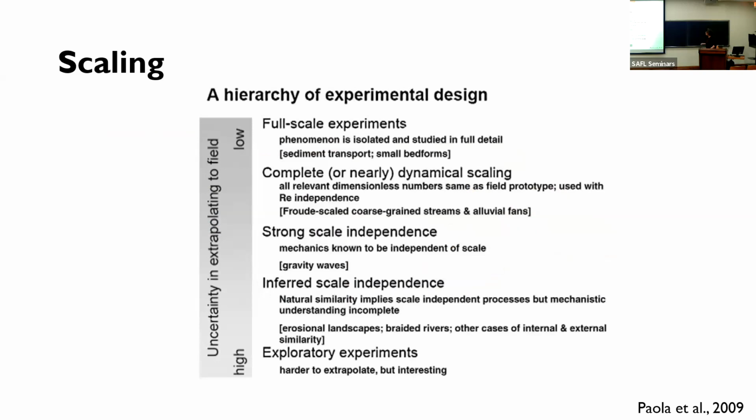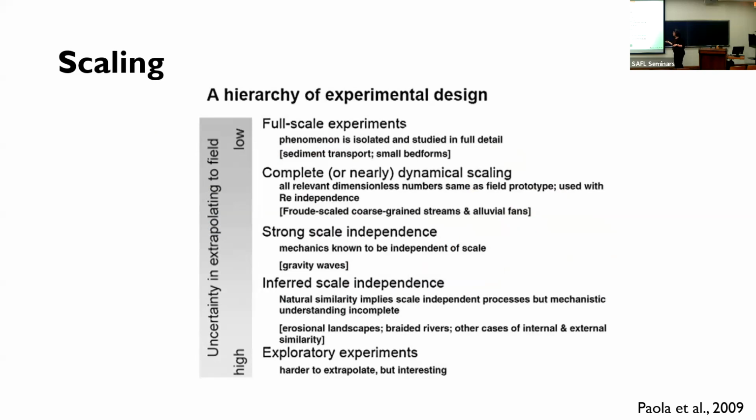So Chris once published this really nice hierarchy of experiments, where it basically talks about the uncertainty of extrapolating our experiment. In an ideal case, we would maybe want to take a full-scale experiment. So we take a slice out of reality, do an experiment on it, see how it works. Very unrealistic if you deal with the Earth.